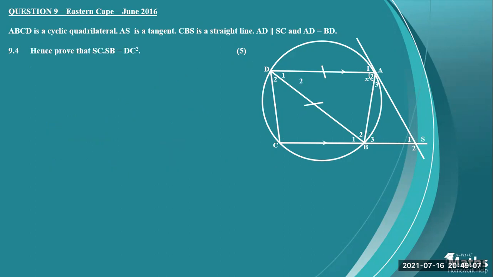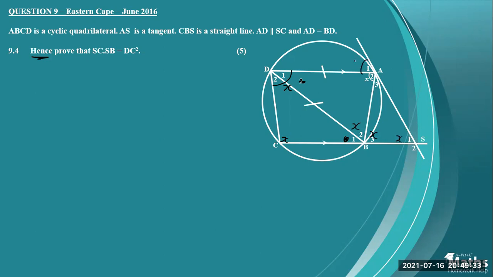Then this one, I see this magic word hence. Hence always means that you must make use of the information in the previous question. That's what hence means. Just want to fill in everything again. We really can't solve anything if we don't fill in what we just proved.